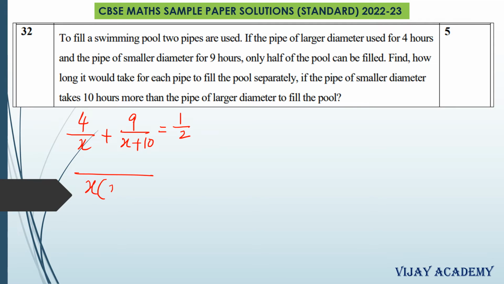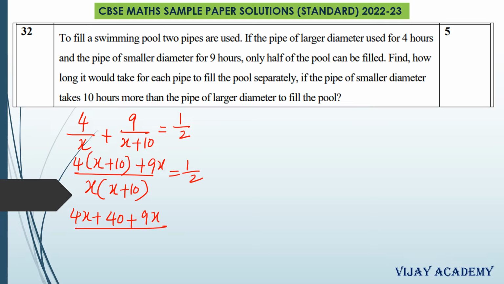So we get x into x plus 10 in the denominator. In the numerator we get 4 times x plus 10 plus 9 times x, equals 1 by 2. Let me simplify this by multiplying the numerator, that is 4x plus 40 plus 9x. In the denominator we get x square plus 10x, equals 1 by 2.